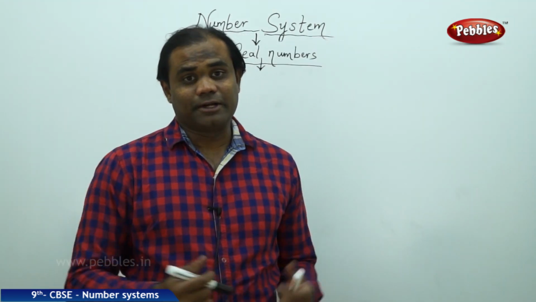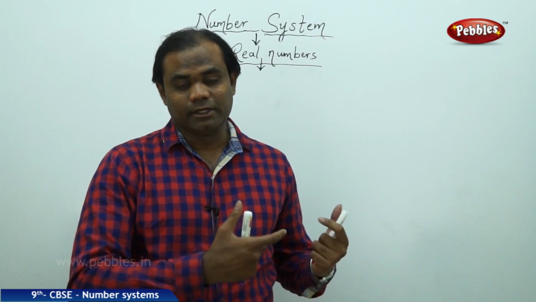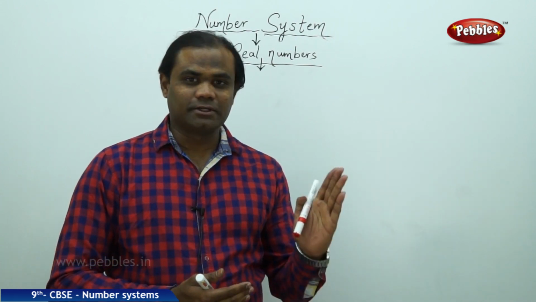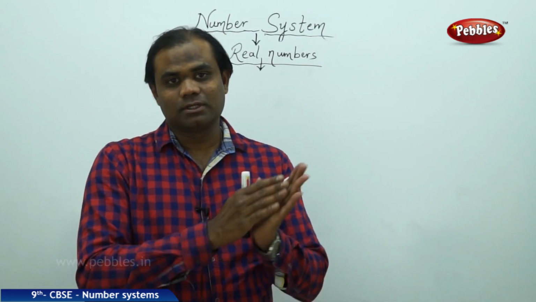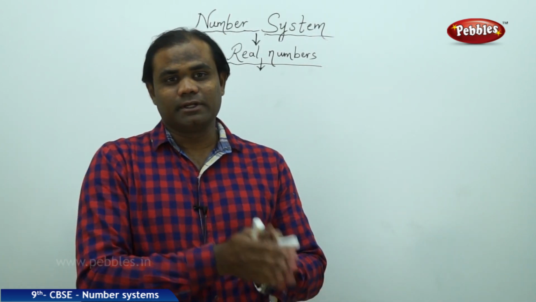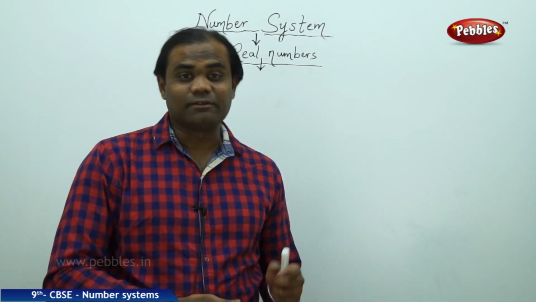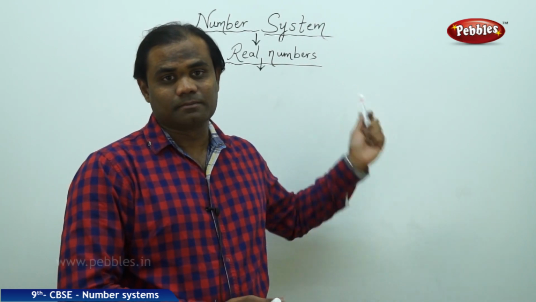Now the last set of numbers in the field of mathematics is real numbers. Starting with natural numbers, we proceeded to whole numbers, to integers, integers to rational numbers, to irrational numbers, and finally from irrational numbers to real numbers.